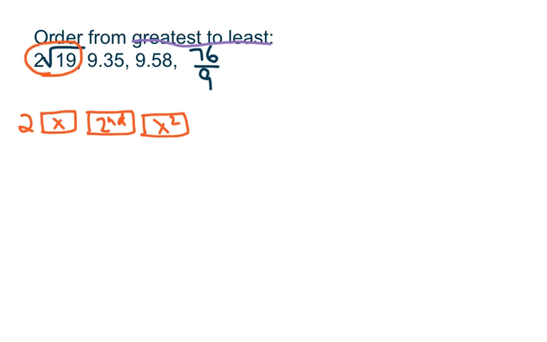So that should give you the square root symbol on your calculator, and then you would type in 19. So 2 times the square root of 19. If you did it correctly, you should get approximately 8.7177978, etc.